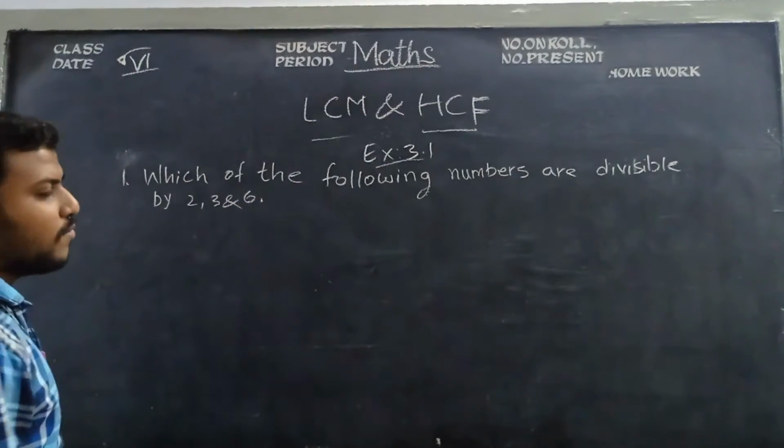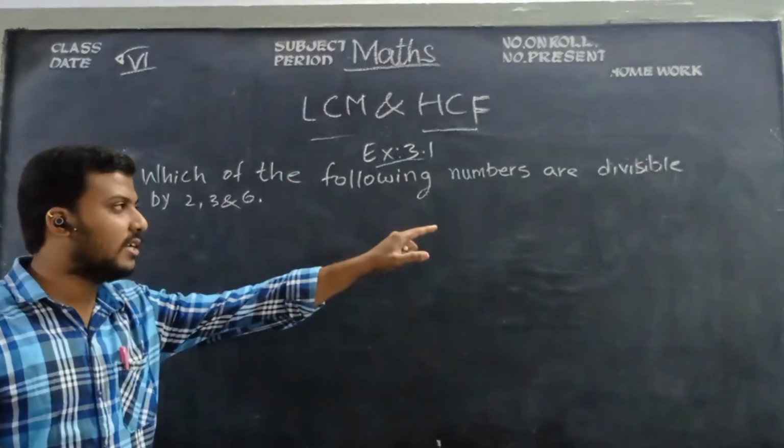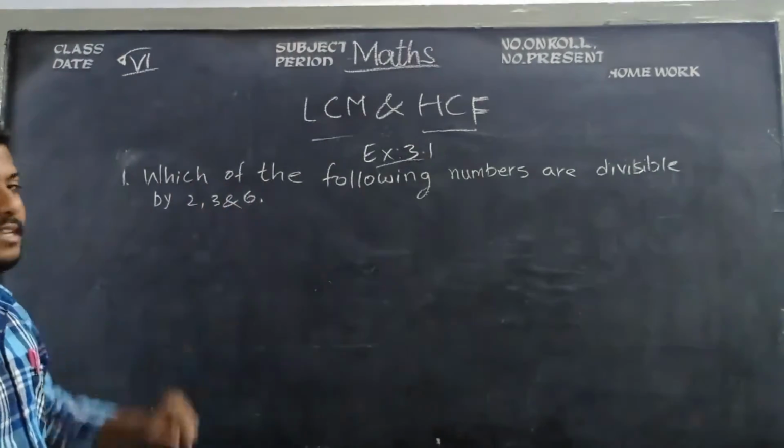So children, before going to understand this problem, which of the following numbers are divisible by 2, 3, 6, they said no.